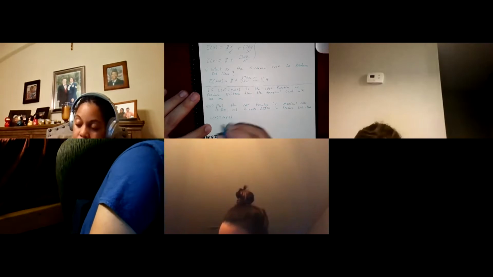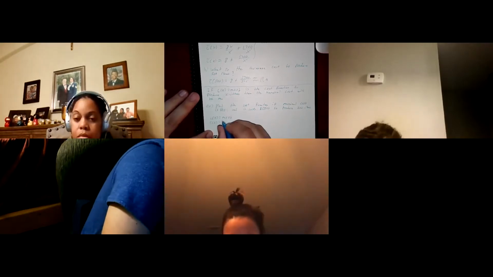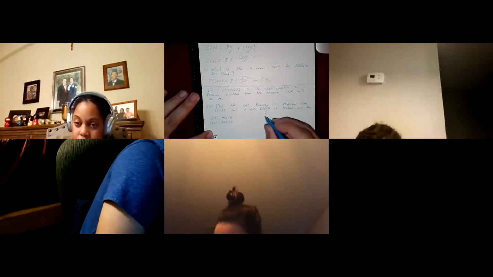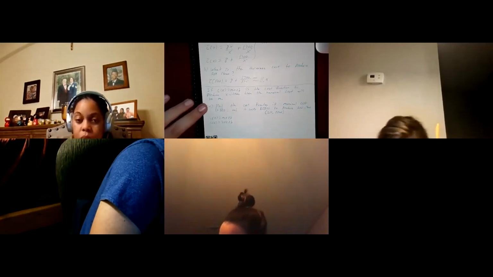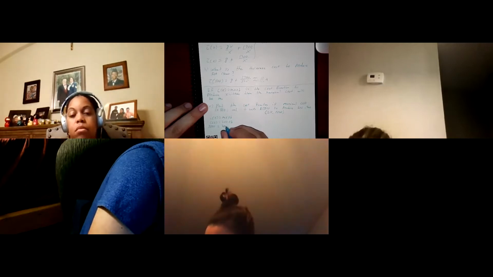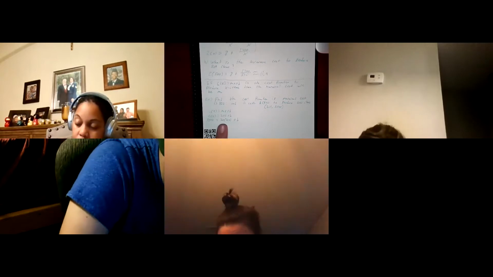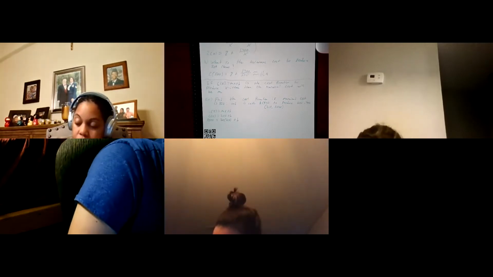Okay, so here is our cost function. So C of X will be 20X plus B. This right here is a point where 210 items cost 5,500. So plug that in, right? So 5,500 equals 20 times 210 plus your B. So just solve for B and that's it. It'll be done. So 20 times 210, see what that is.